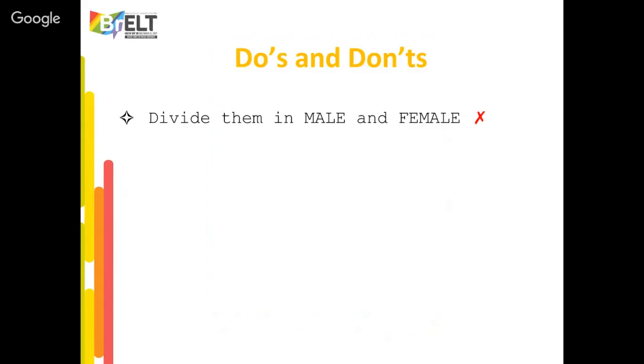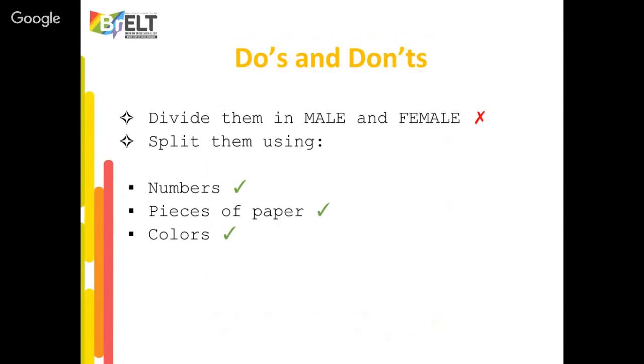But inside of me, I think, why, God? Why don't we divide people in a different way? For example, instead of using male and female, why not use numbers or pieces of paper, colors, any other, you teachers, you might have many other options.